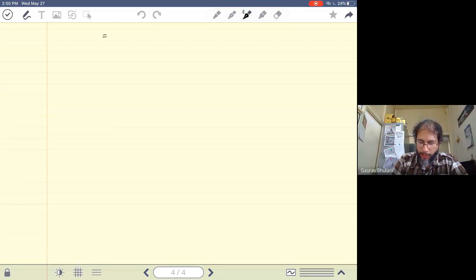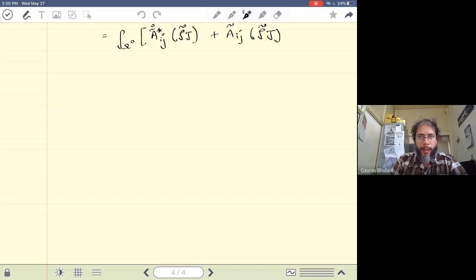So this becomes the integral over omega naught of A star tilde times rho tilde J, and then the second term, A star tilde times the material derivative of rho tilde J. The dot is on the complete rho tilde J term, on the whole term rho tilde times J. It's simply an application of the product rule, and then you have d omega naught.